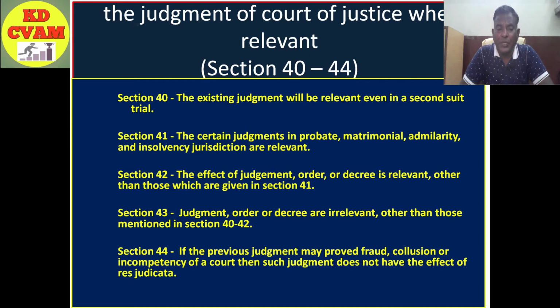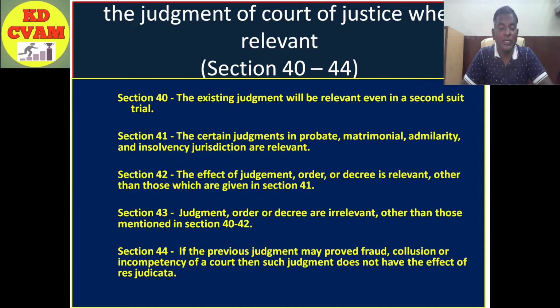Section 40. The existing judgment will be relevant even in the second suit or trial. Section 41. Certain judgments in probate, matrimonial, admiralty and insolvency jurisdiction are relevant. Section 42. The effect of judgment, order or decree is relevant, other than those which are given in section 41.